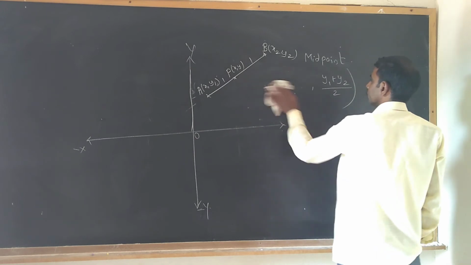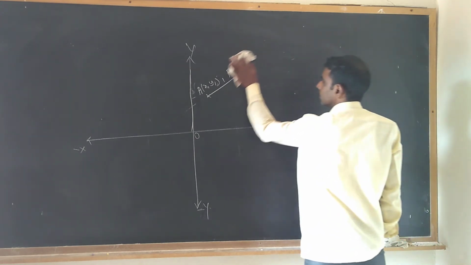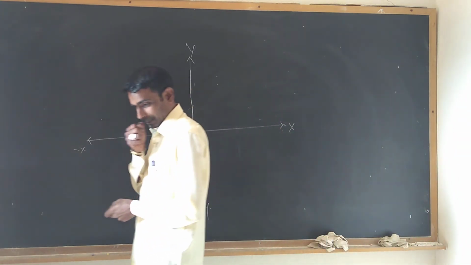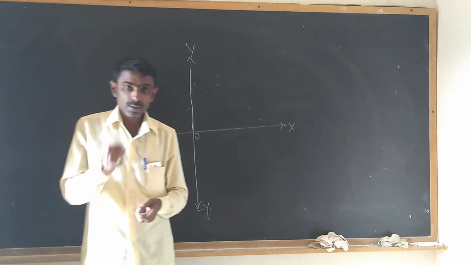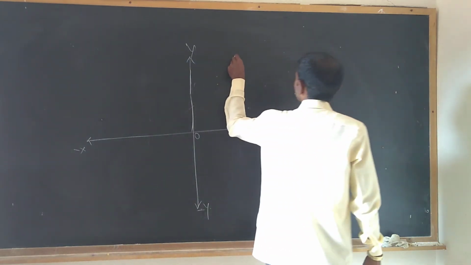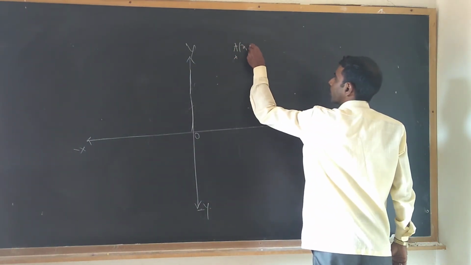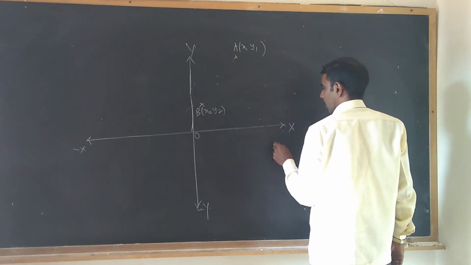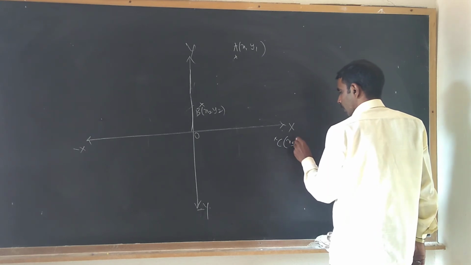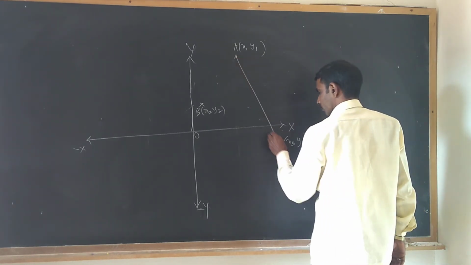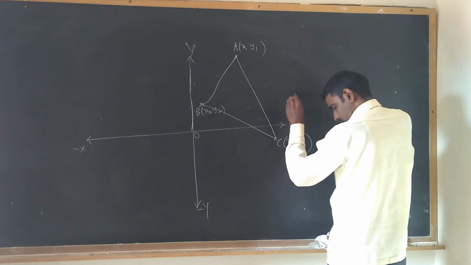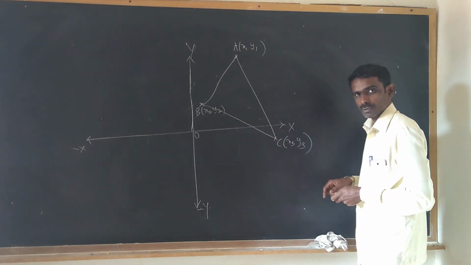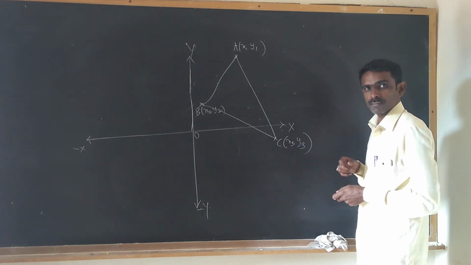Next that you have studied is, in the rectangular coordinate system, if a triangle is formed, say A of x1, y1, B of x2, y2, and C of x3, y3.